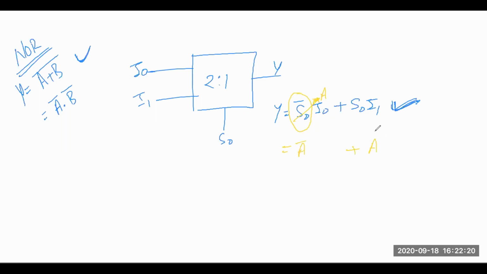If I select I0 equal to B bar, I can directly get A bar dot B bar.